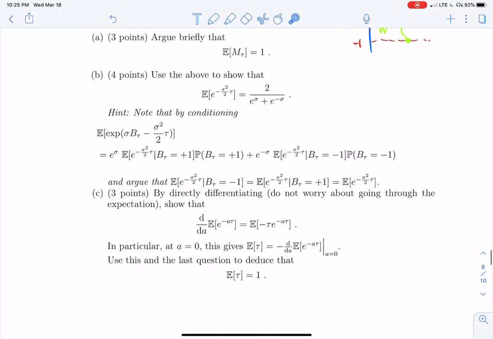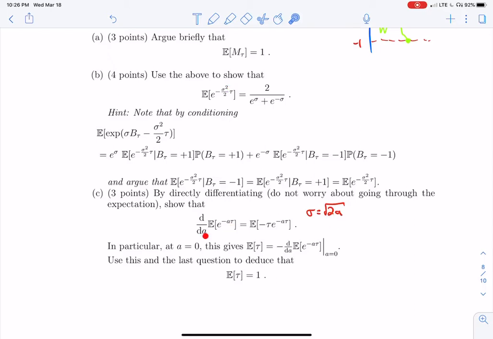And not surprisingly, once you have the moment generating function of tau, you can evaluate it at a specific point. So actually you take here sigma equal to the square root of 2a. And if you plug that in there, you get e to the minus a tau.